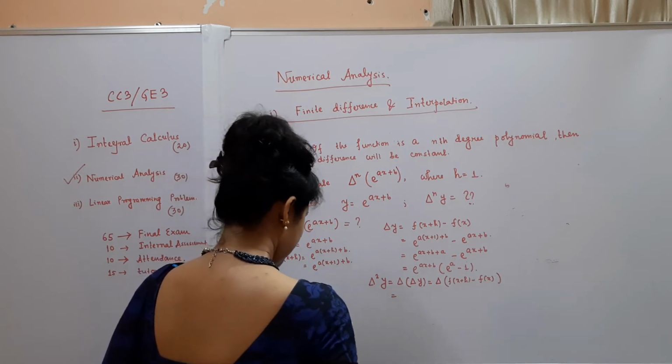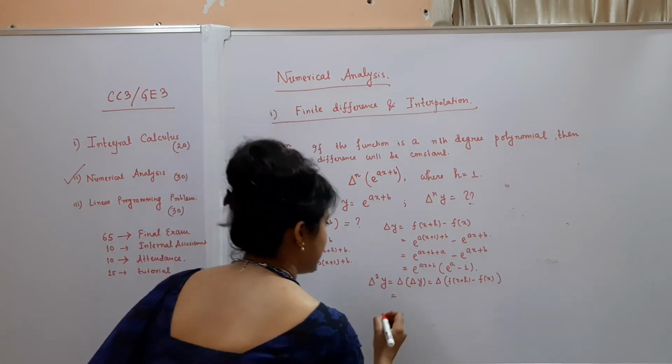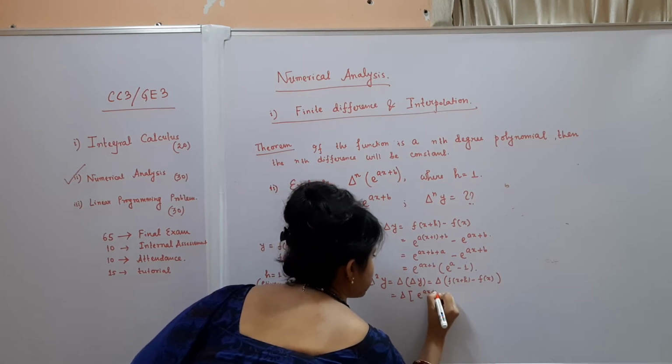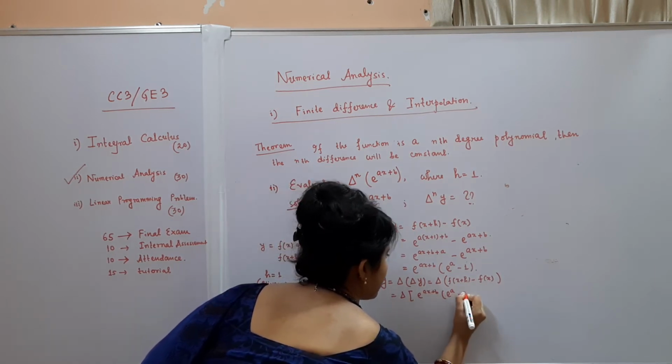So you can write it as delta of e to the power ax plus b into e to the power a minus 1.